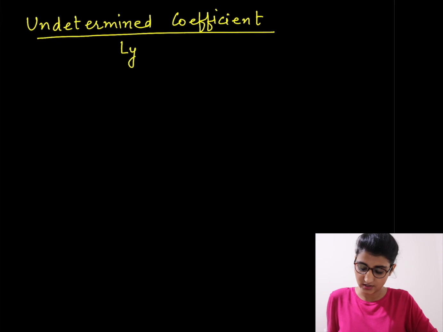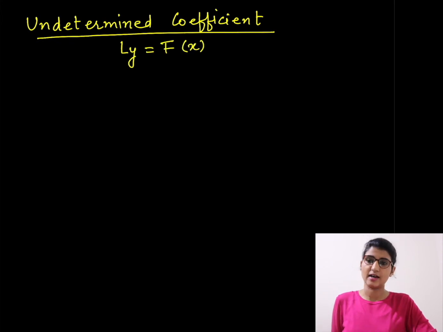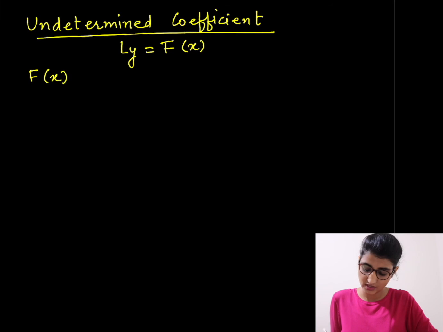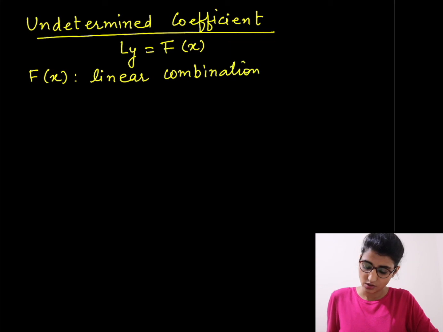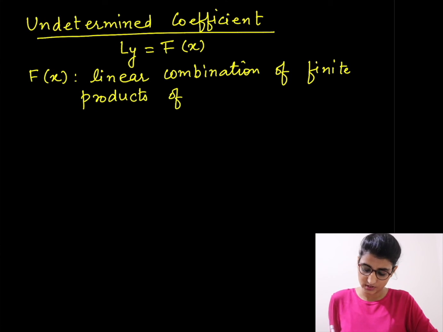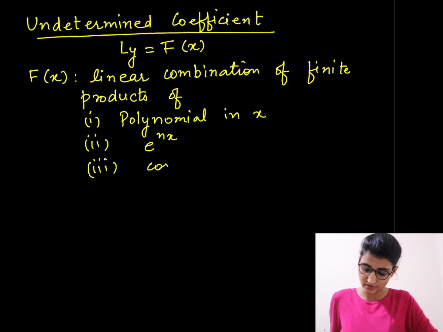The method of undetermined coefficients can be used when we have a non-homogeneous equation Ly equal to f(x), and this f(x) is a linear combination of finite products of the following terms: a polynomial in x, an exponential function, or a sine or cosine function.